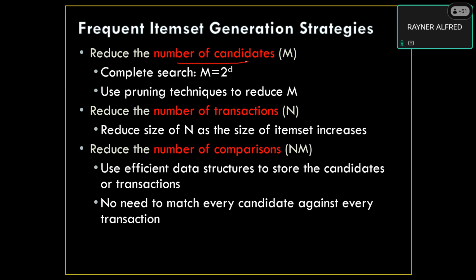Somehow we need to look at a pruning technique to reduce M. Before we go into the support and the confidence, we can do the support count, which is just counting the frequency of the itemset. So we can use pruning. We will look into this.